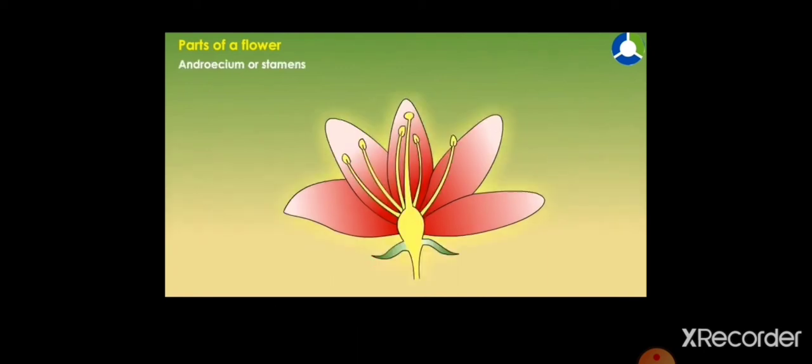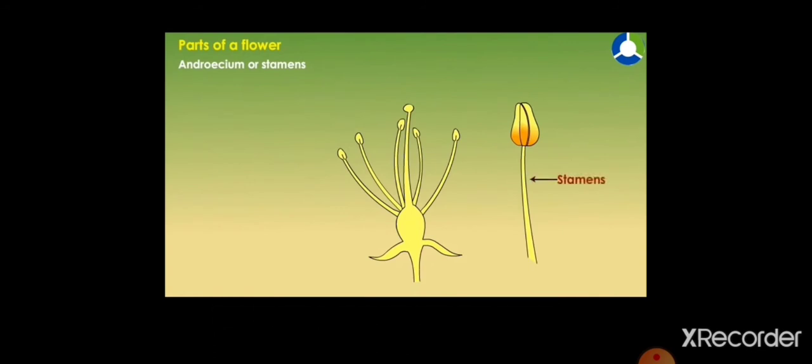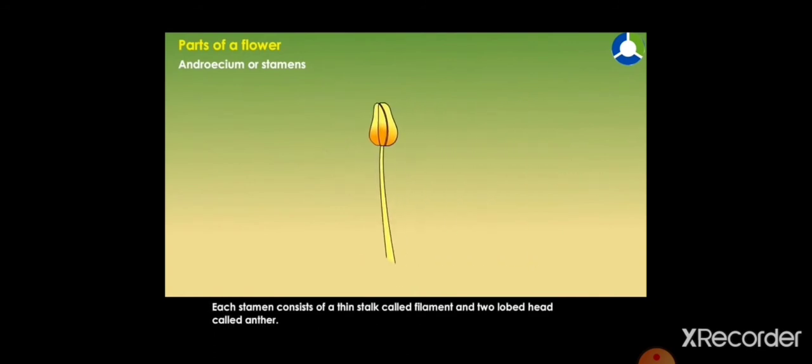Next, androecium or stamens. It is the third floral whorl which is composed of one or more male reproductive organs called stamens. Each stamen consists of a thin stalk called filament and a two-lobed head called anther.